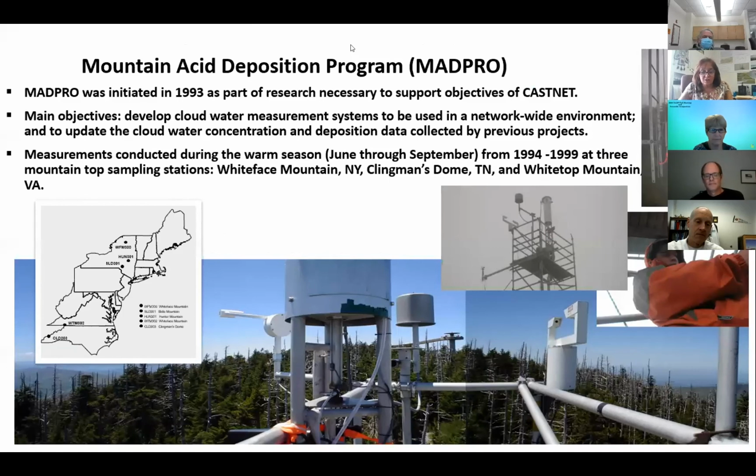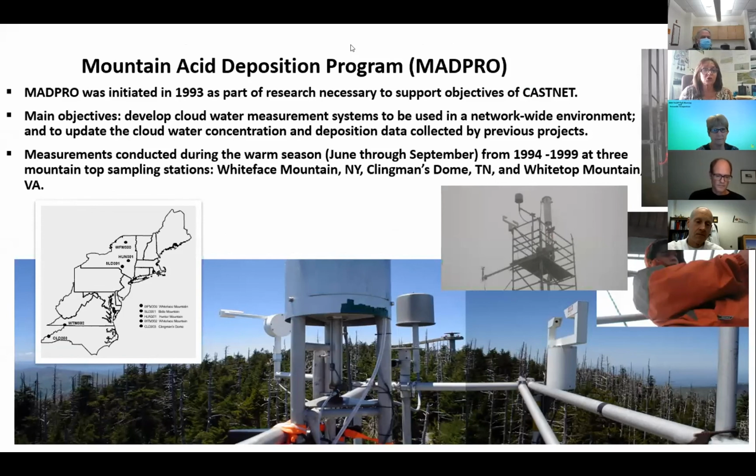So the bulk of our data on the East Coast comes from 2 studies conducted in the past, the Mountain Cloud Chemistry Project, which ran for 4 years in the late 80s, and then the Mountain Acid Deposition Program, which started in 1993. And MADPRO's main objectives were to develop cloud water measurement systems that could be used in a network-wide environment and to update the cloud water concentration and deposition data that was collected mainly by the Mountain Cloud Chemistry Project.